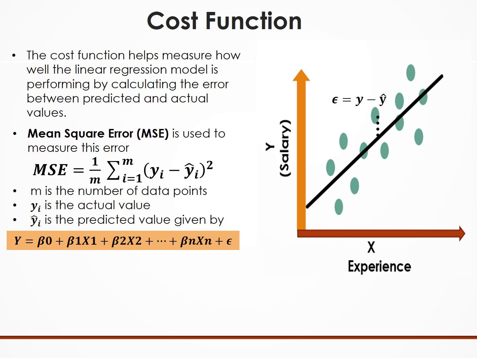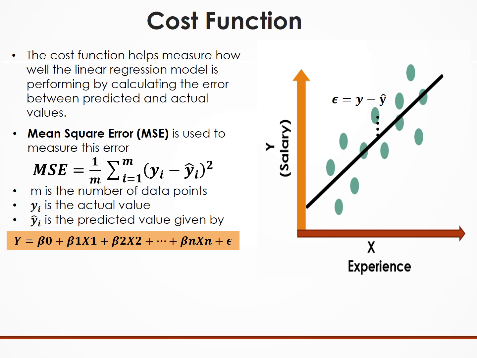In simple terms, for each data point, we calculate the difference between the actual and predicted values, square that difference, and then take the average of all these squared differences. Now, where do these predicted values come from?